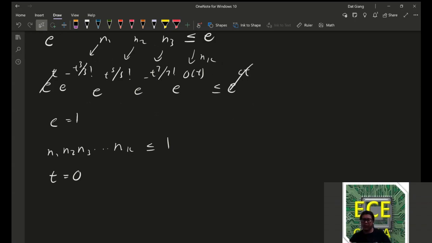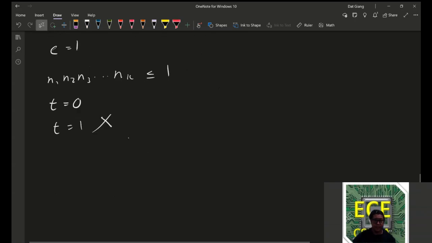If t was equal to anything else, like 1, for example, it doesn't work anymore. So it fails the first condition. And we can check the second condition, but already we can see that it fails. And because it fails, e to the sine of t does not have a valid Laplace transform.